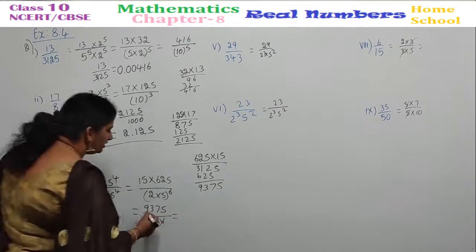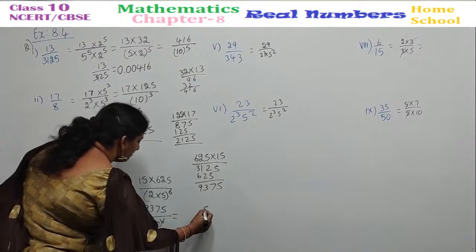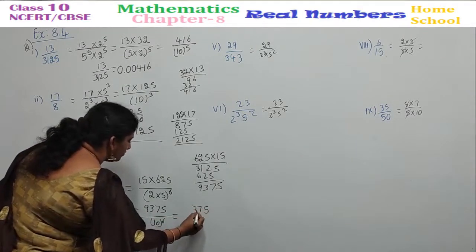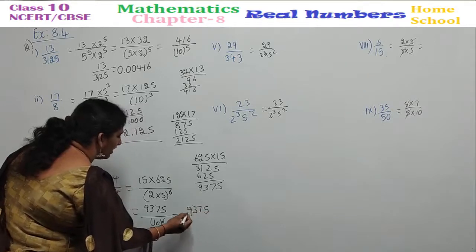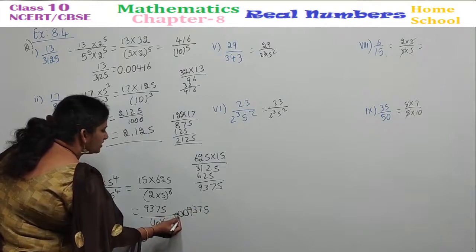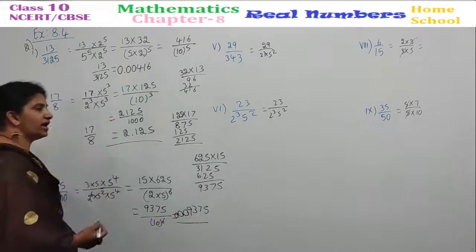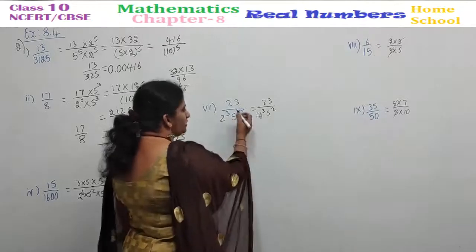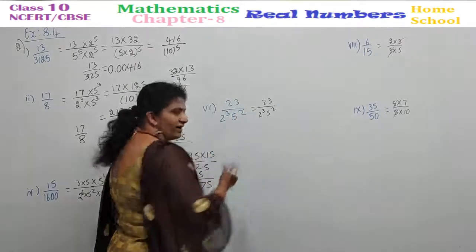Now rewrite children, convert into decimal. After 6 values you need to put a point. 5, 7, 3, 9. Only 4 digits you have. Then 0. What's your answer? 0.009375 is your answer. See the next one, sixth one, 23 by 2 cube into 5 square.